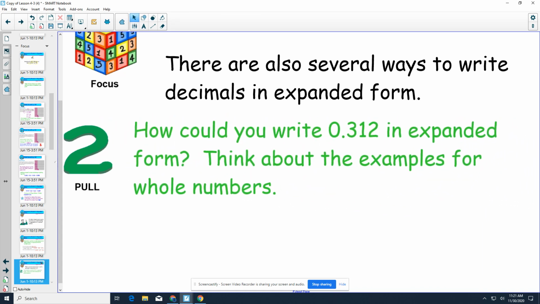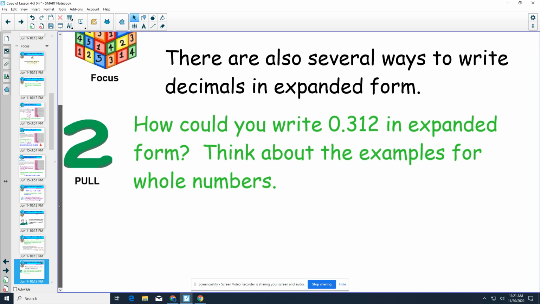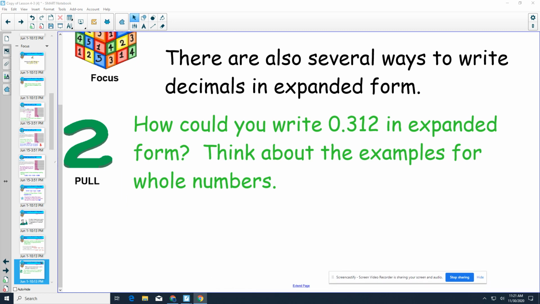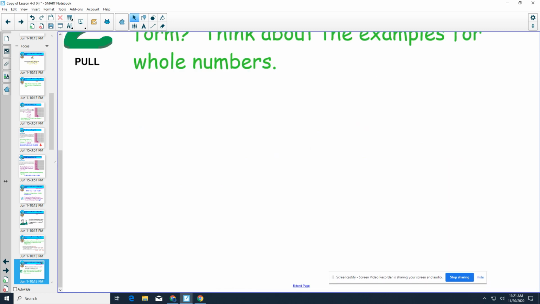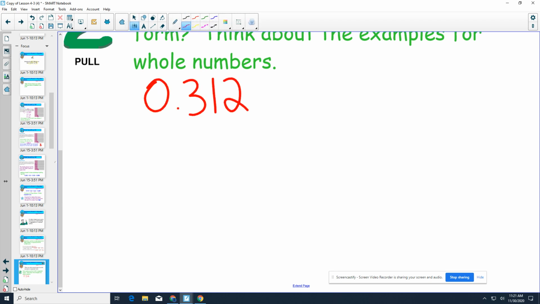How would you write 0.312 in expanded form? Think about the examples for the whole numbers. And this is where a lot of times people get confused. So let's look here. If I wanted to do it by just adding the numbers, I could start with 0.3, 3/10.